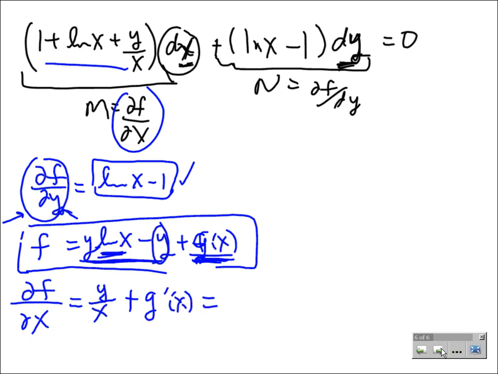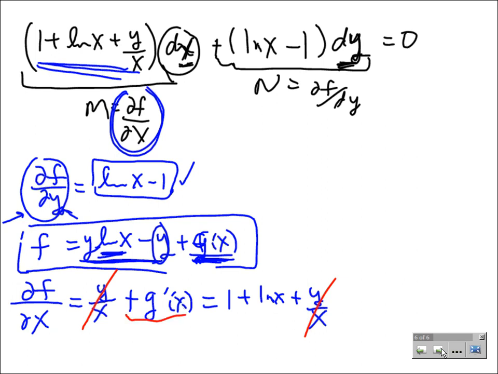That's on one hand. On another hand, we are told what df dx is. It's this: 1 plus ln of x plus y over x. And definitely the terms that have y's in them are going to cancel out. So now we have g prime of x is 1 plus ln of x.